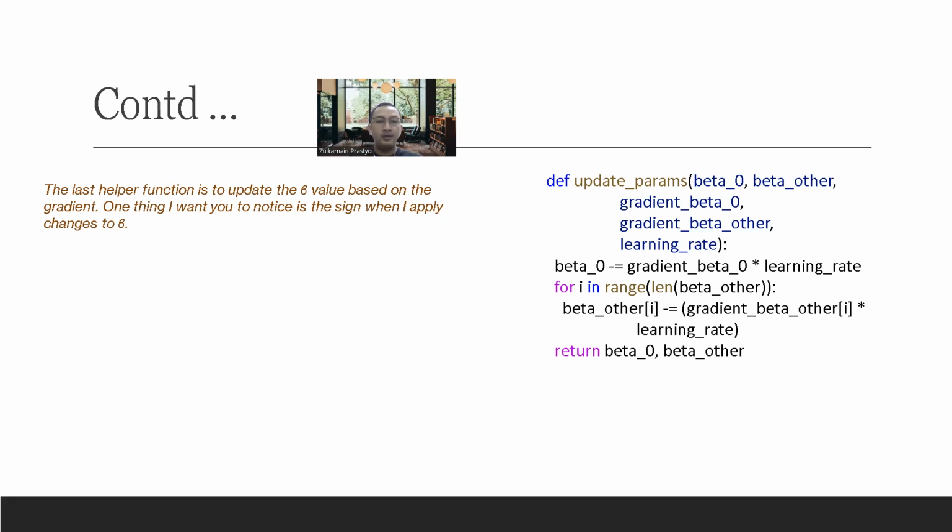One thing I want you to notice is the sign when I apply the change to beta. It depends on how I calculate the loss. In the function, I subtract the observation from the prediction.